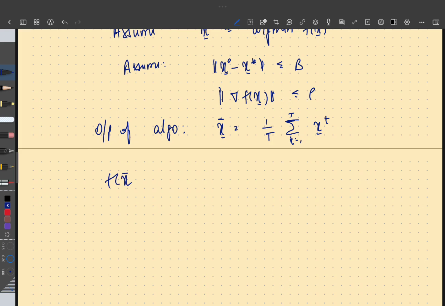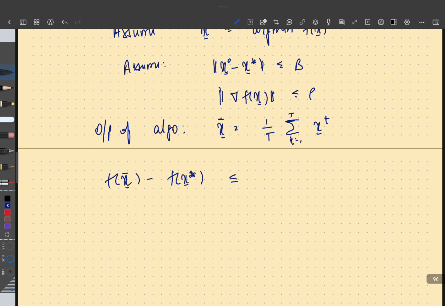So if you look at f of x bar minus f of x star, note that x bar is 1 by t summation t equal to 1 to t x_t, right?